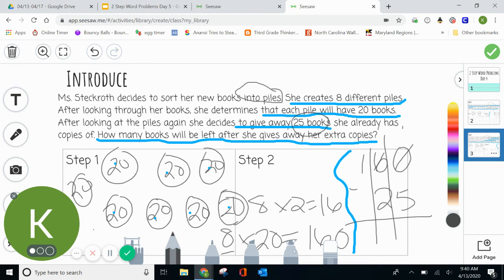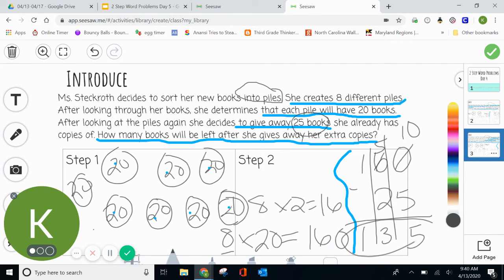I'm giving over 10 ones, leaving me with 5 tens over here. 10 ones minus 5 is 5 ones. 5 tens minus 2 tens is 3 tens. 100 minus 100 is 0. That means Miss Techcroft is going to have 135 books left once she gives away her 25 books.